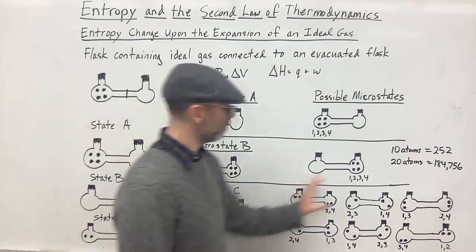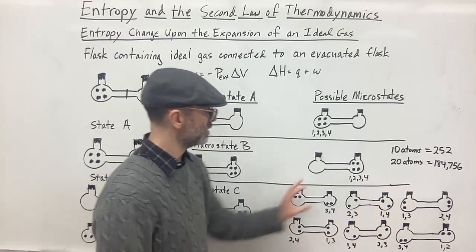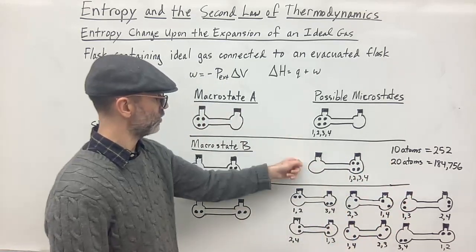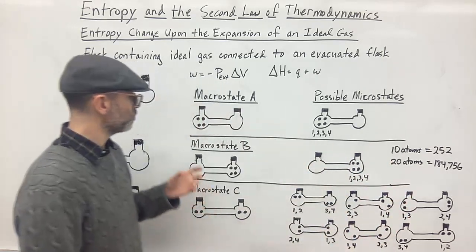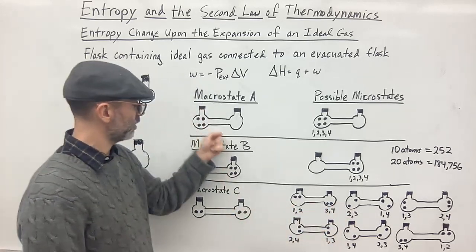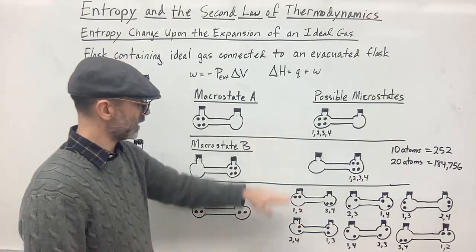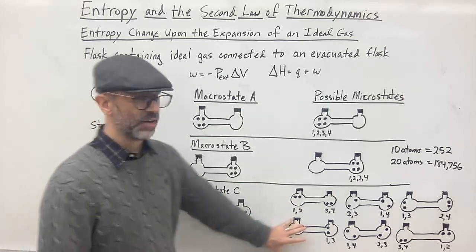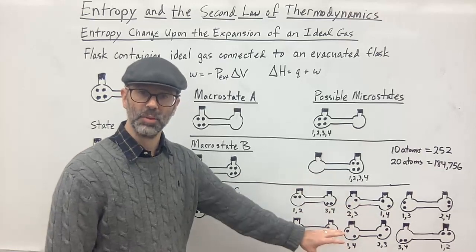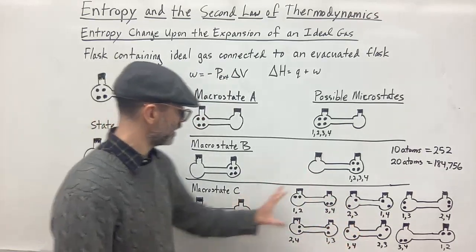So there's a greater probability of being in this state here than in these. And so this is more likely to happen than these two here, even though they're energetically the same. This has a higher probability of being in this position or in this state here.